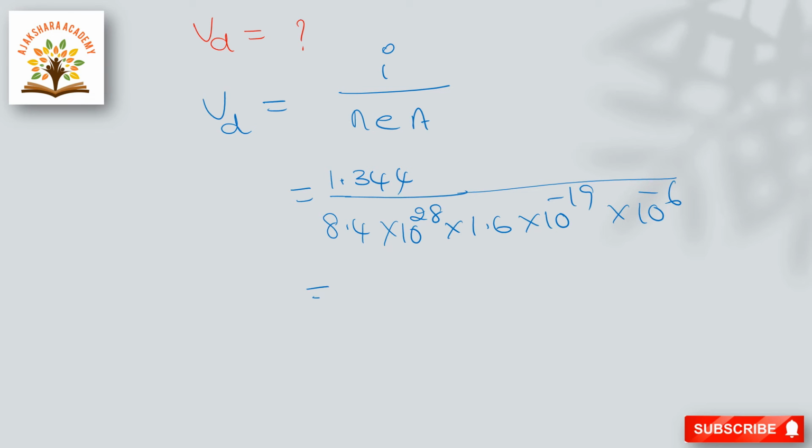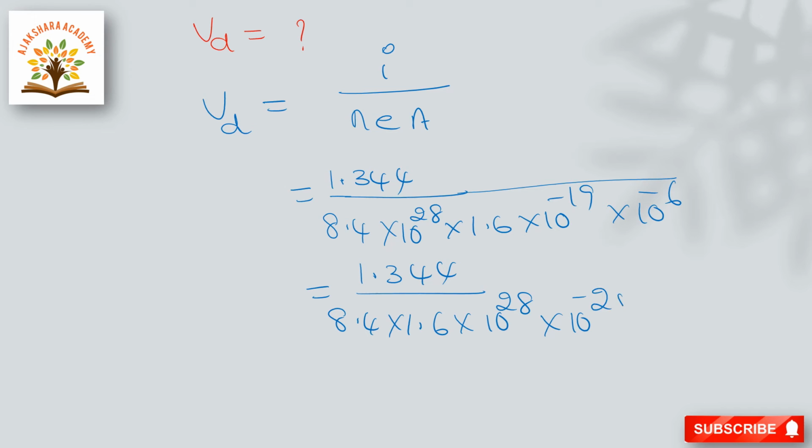So that is equal to 1.344 by 8.4 into 1.6 into 10 to the power of 28 minus 19 minus 6, 10 to the power of 3. Okay.